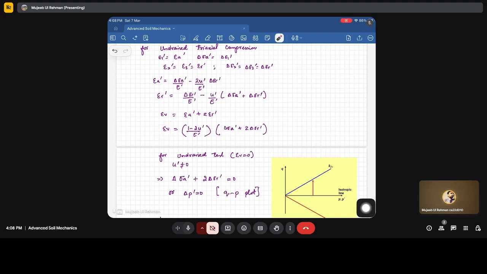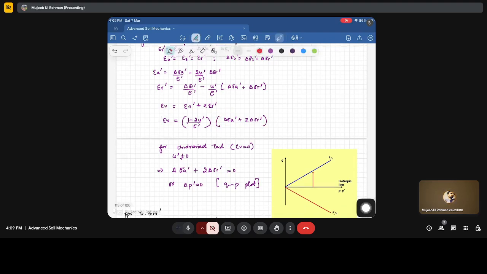Which reveals that delta sigma a plus 2 delta sigma r dash is equal to 0. And if we remember this equation, delta p dash is equal to delta sigma a plus 2 delta sigma r divided by 3. So if we multiply delta p by 3, it will equal delta sigma a plus 2 delta sigma r.